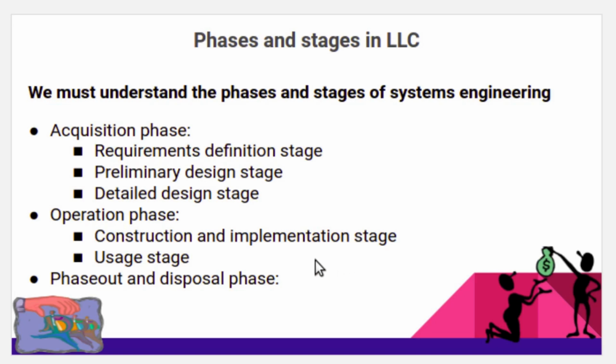For some systems, typically defense systems, operating and maintenance costs rise fast after the acquisition and remain high until the phase out occurs. So next we will see one case study.